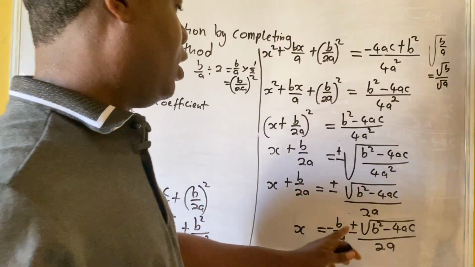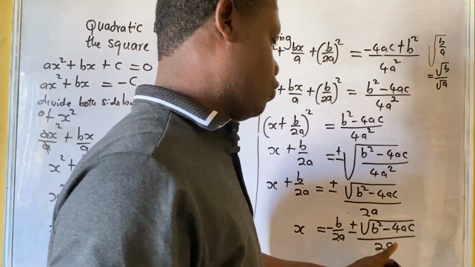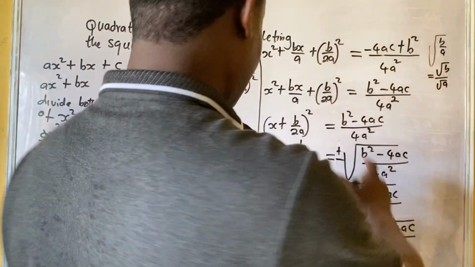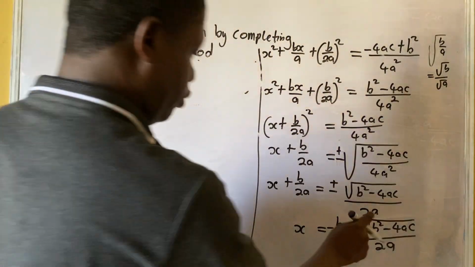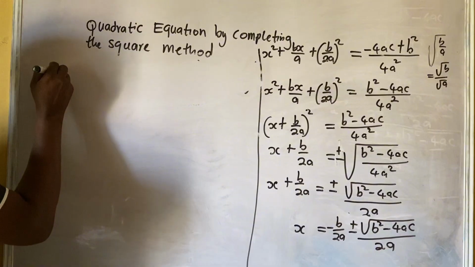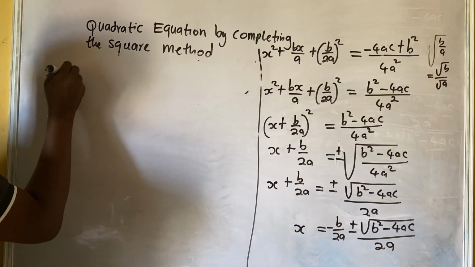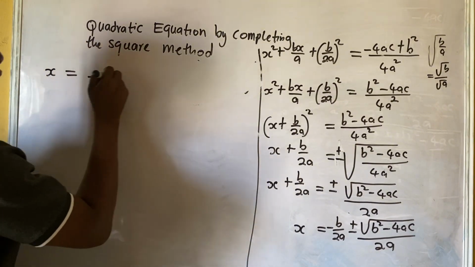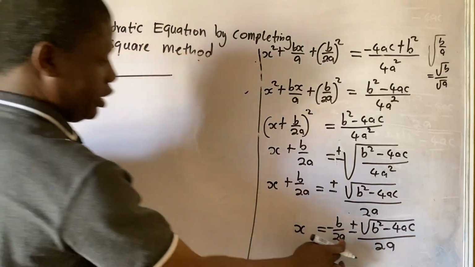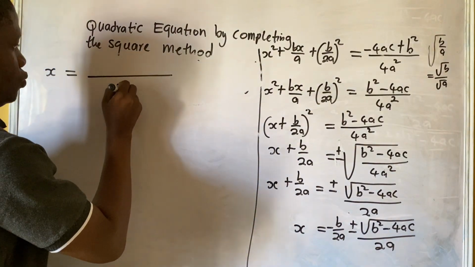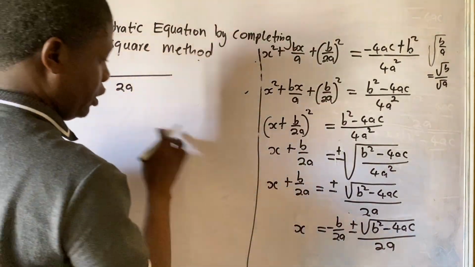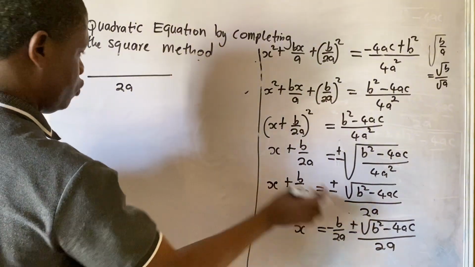So let's find the LCM of 2a and 2a. If we continue from here, our x is equal to, the LCM of 2a and 2a is 2a. So we're going to have 2a divided by 2a is 1 times minus b.